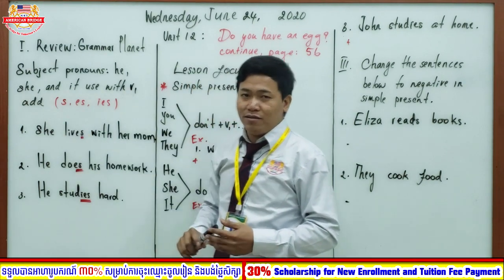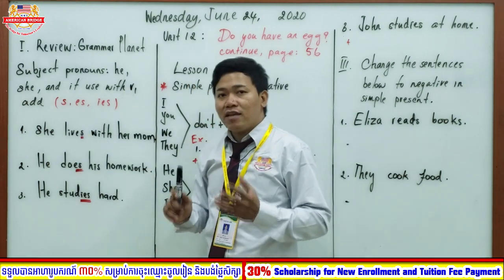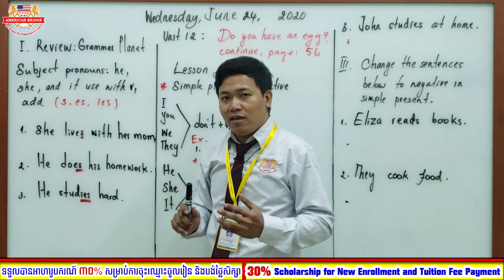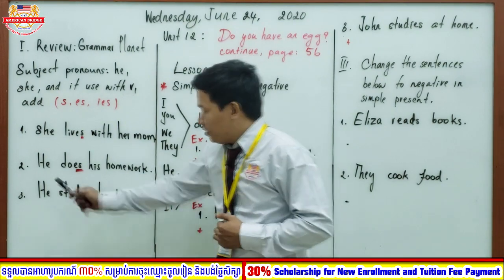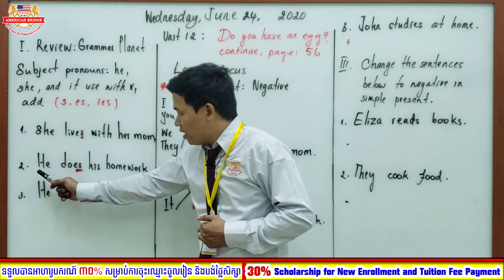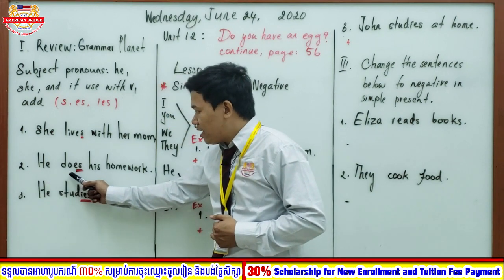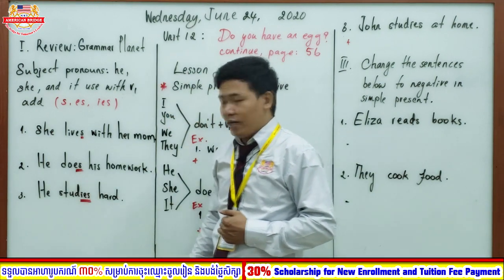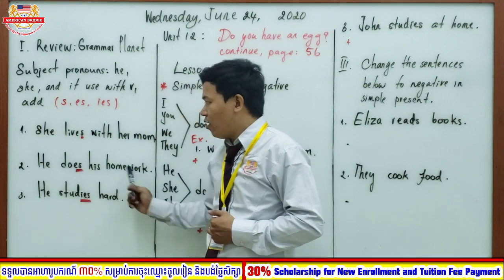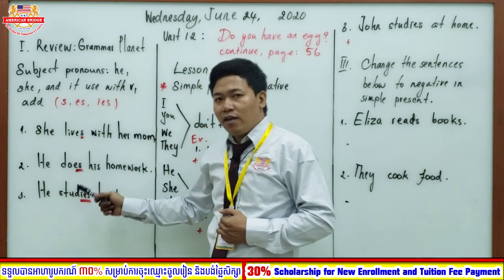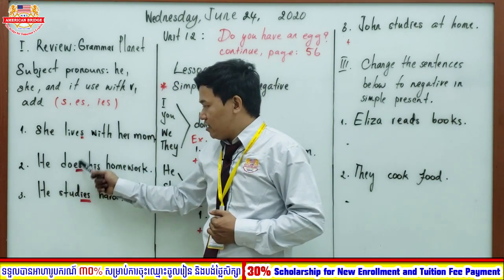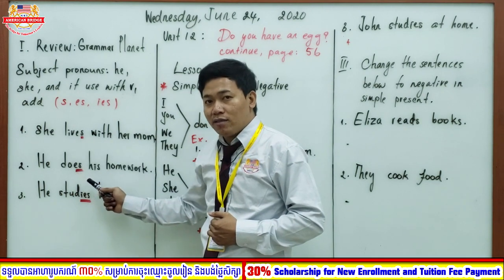Okay, I hope that you understand. But some cases are a little bit special. For example, you can see the second one. He does his homework. So for this sentence, we don't add s, but we add es. Why?